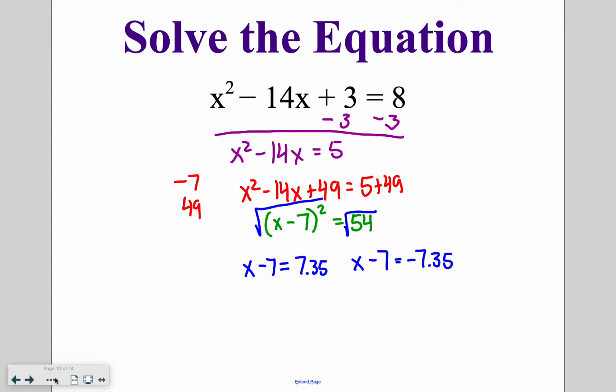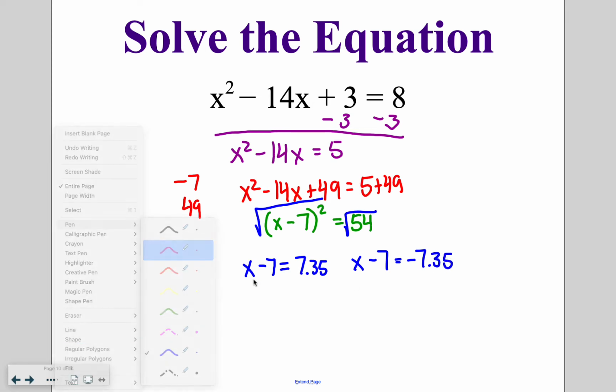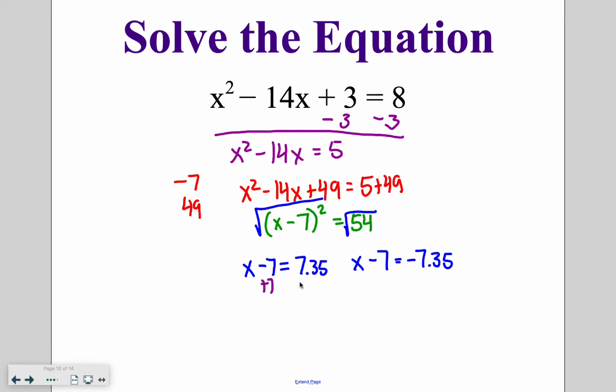To solve the equations, I'm going to go ahead and add 7 on both sides because that is how we get rid of subtracting 7. So my first answer to this problem is going to be approximately 14.35 after our rounding.